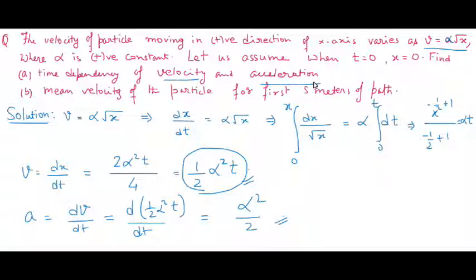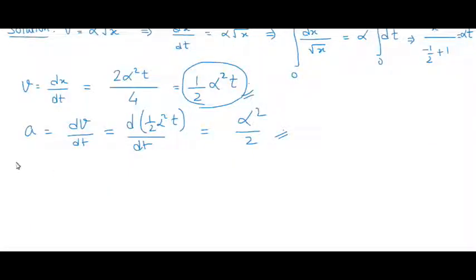Now the second part, the mean velocity of the particle for the first s meters of the path. Now part B, we can write it.